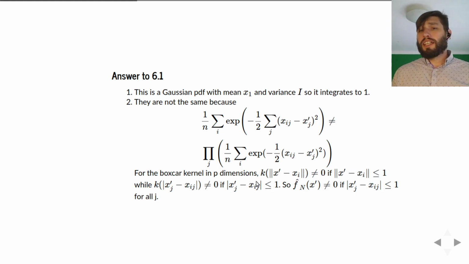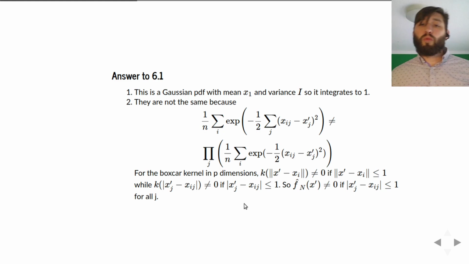So this kernel is non-zero if and only if the 2 norm between these two is less than or equal to 1. Whereas if we applied the boxcar kernel to each of the dimensions separately, then the kernel for the jth coordinate is non-zero if and only if the absolute value between xj prime and xij is less than or equal to 1, right?